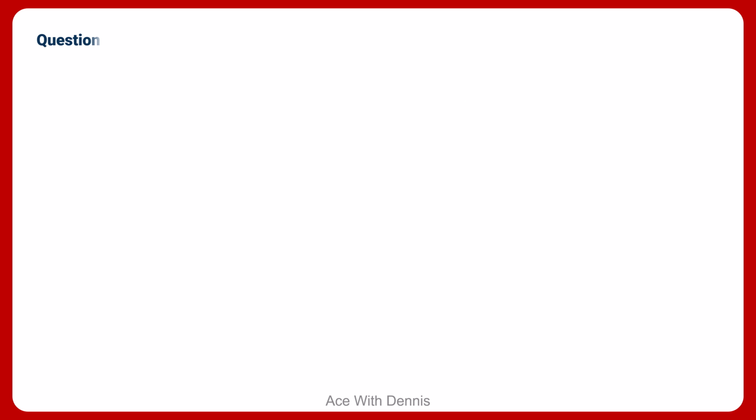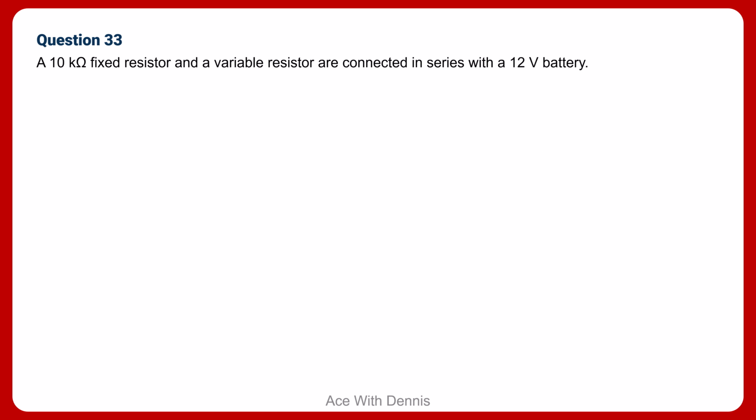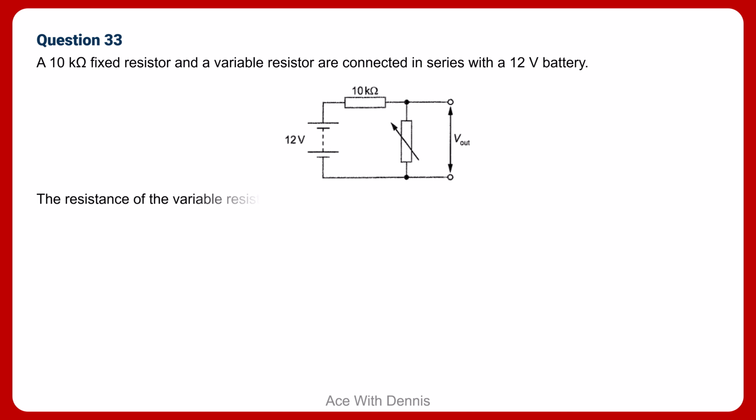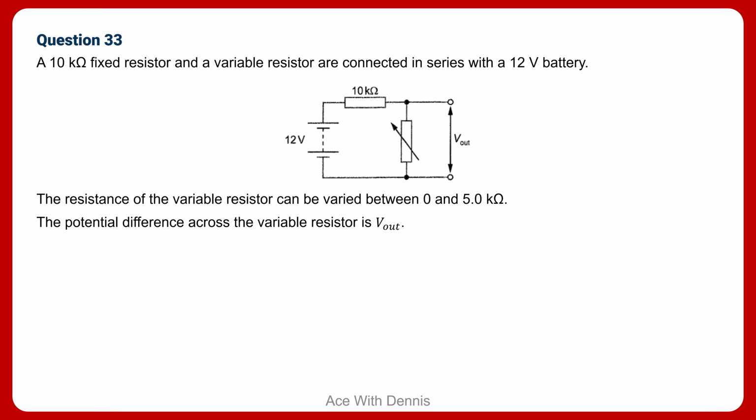Okay, next question, question 33. A 10 kilo ohms fixed resistor and a variable resistor are connected in series with a 12 volt battery as shown in this diagram. The resistance of the variable resistor can be varied between 0 and 5 kilo ohms. The potential difference across the variable resistor is Vout.